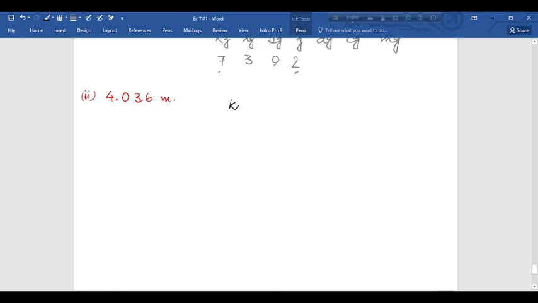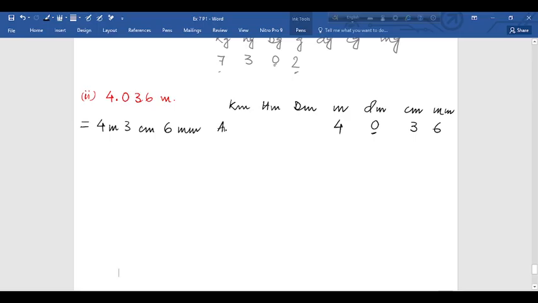Write down the table: kilometer, hectometer, decameter, meter, decimeter, centimeter, and millimeter. And write down this meter. Then 4 in meter position, 0, 3, 6. That means the answer is 4 meter, 0 we don't have to mention it, 3 centimeter, and 6 millimeter. This is the answer.